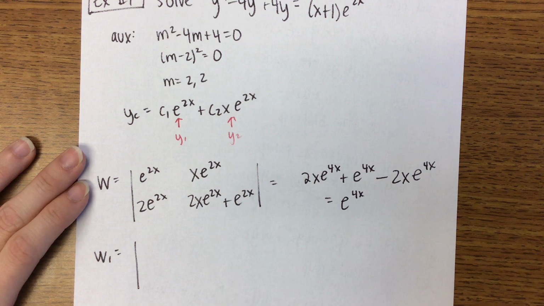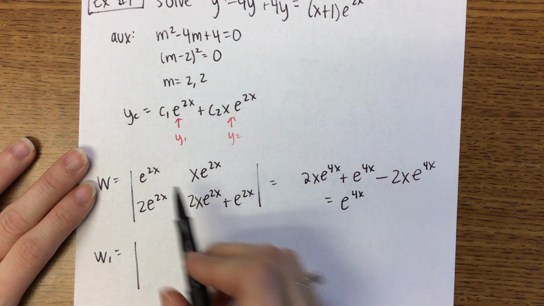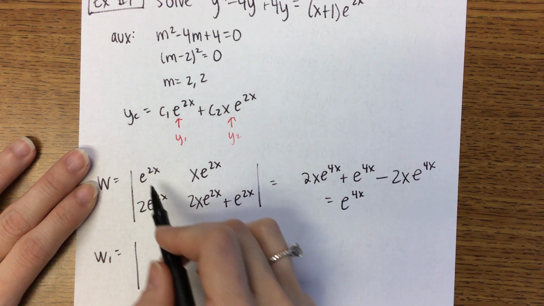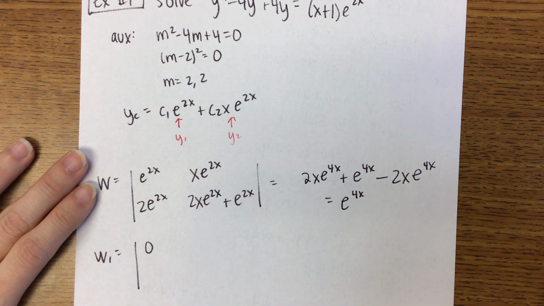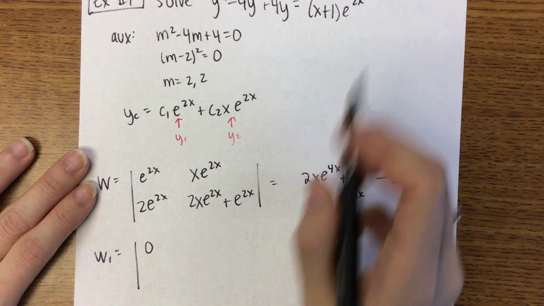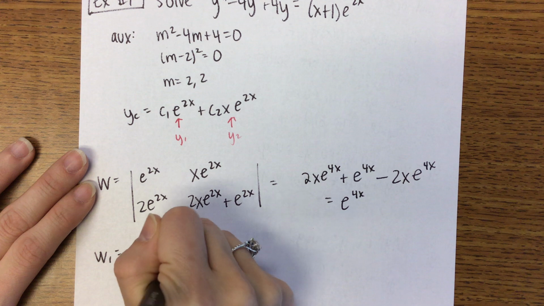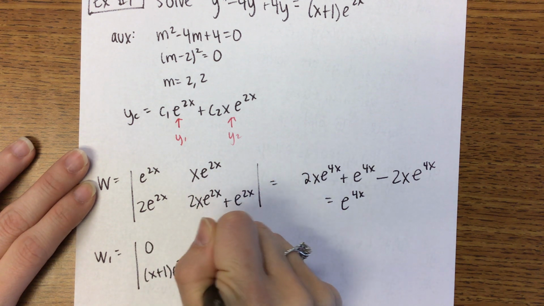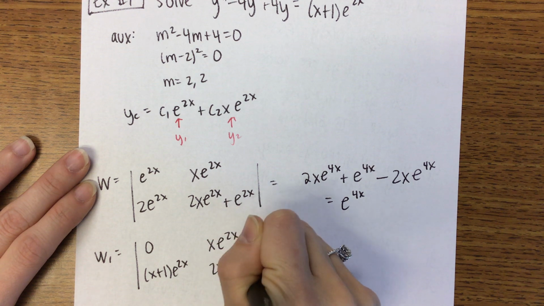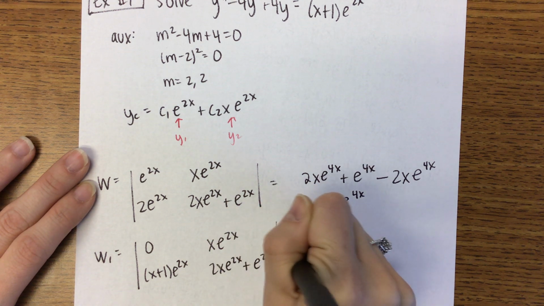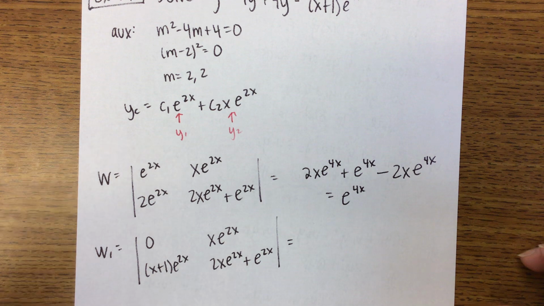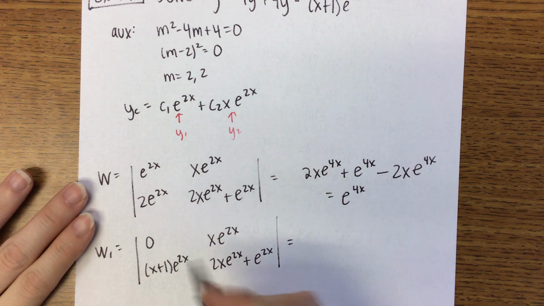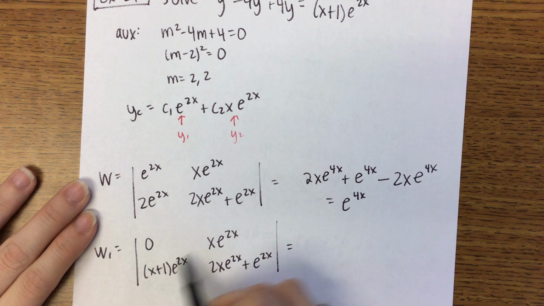Next, we need to find W1. For W1, we're going to replace this column with 0 and then f of x. So we get 0 minus this direction.